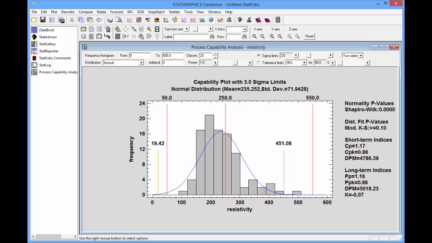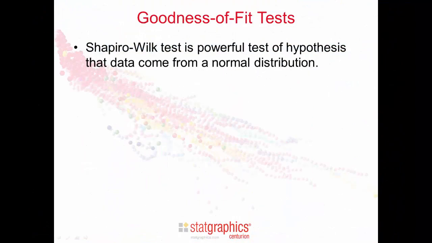There's a Shapiro-Wilk test and a modified Kolmogorov-Smirnov test that can tell us when the normal distribution is not appropriate. The Shapiro-Wilk test and Kolmogorov-Smirnov test are called goodness of fit tests. They test the hypothesis that our data come from a normal distribution.